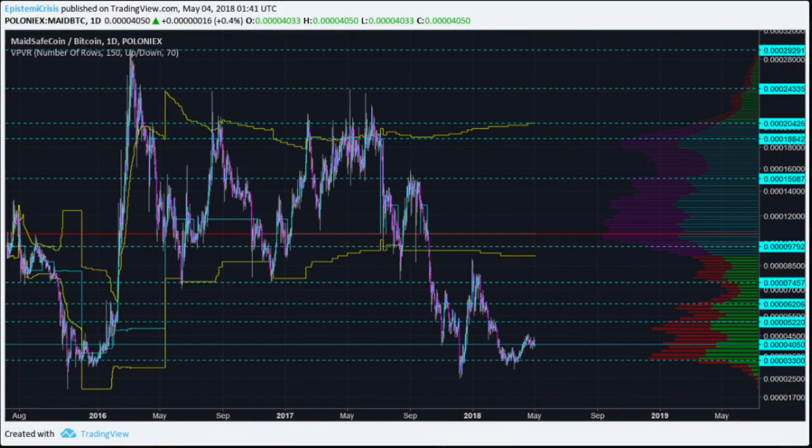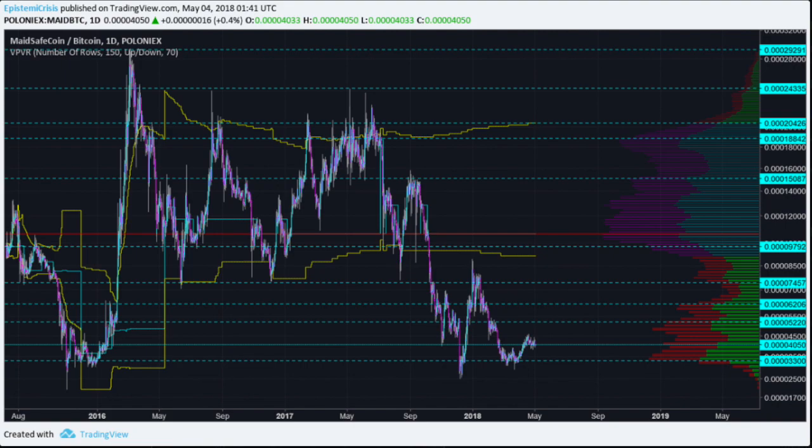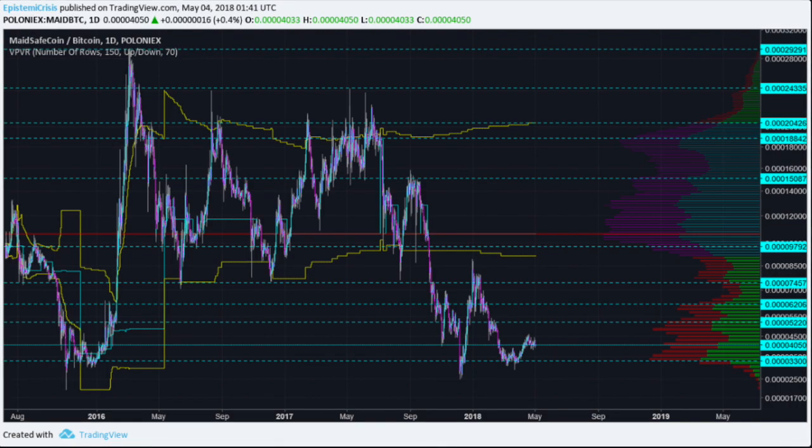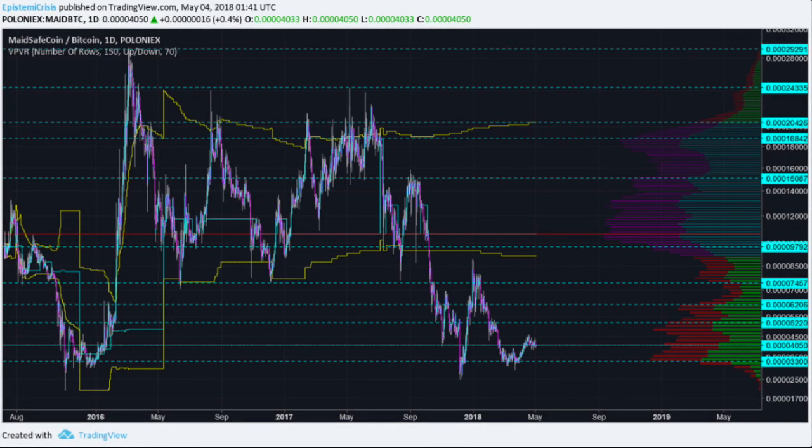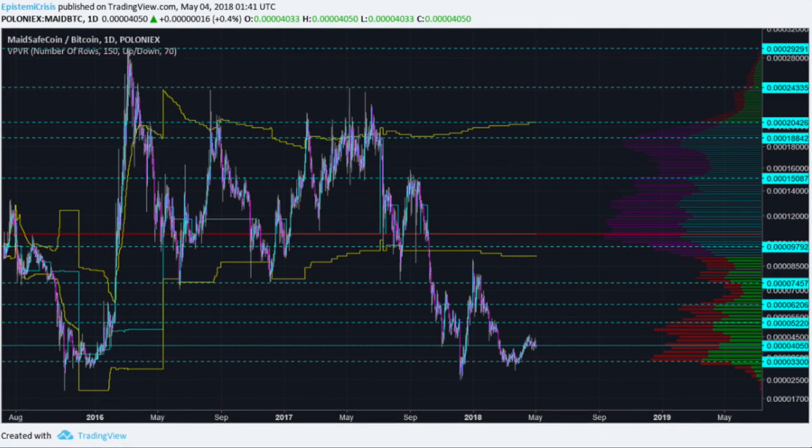Okay, so VPVR zoomed out over the entire chart is going to allow us to pick the major points of historical support and resistance for the market. So what VPVR is showing us is where the most trading has taken place at which price points.